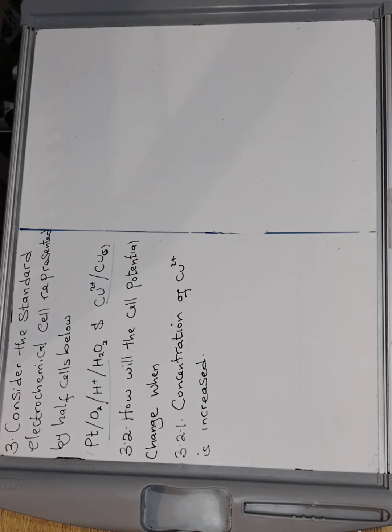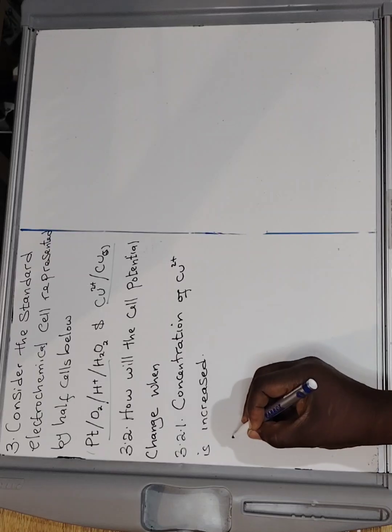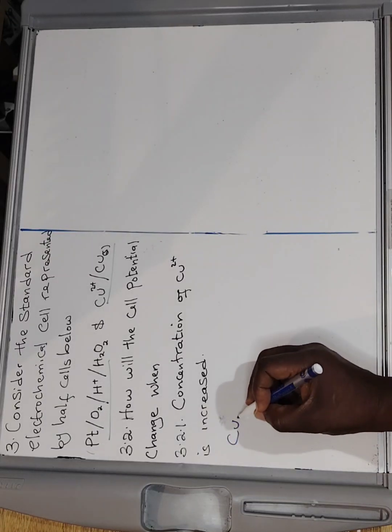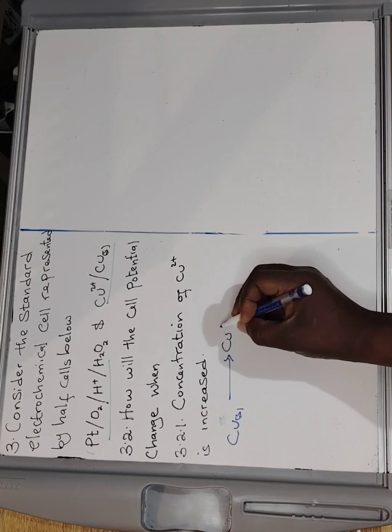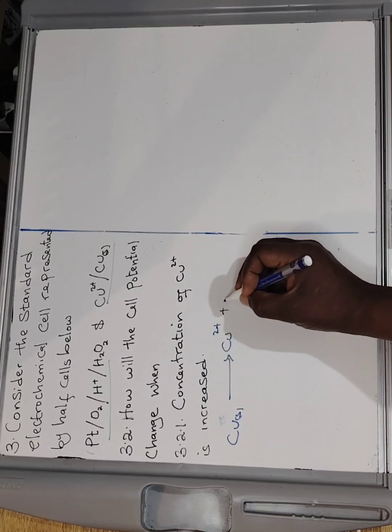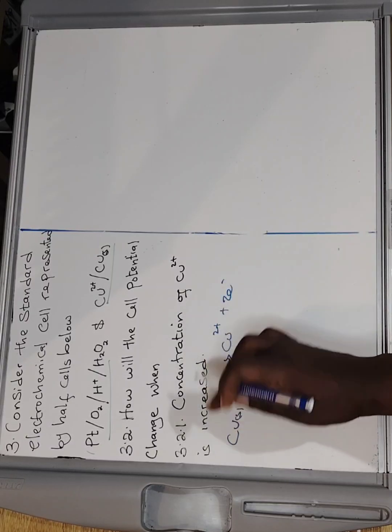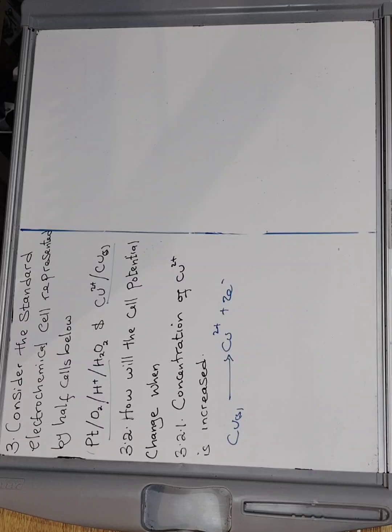To answer this question, we need to know the half reaction at copper. We have to remember that we found our copper to be the anode, and the anode undergoes oxidation. So the half reaction is solid copper being oxidized to copper ions. Okay, that's the half reaction.